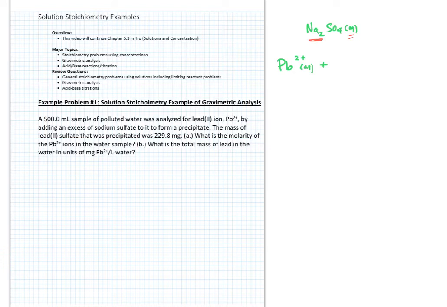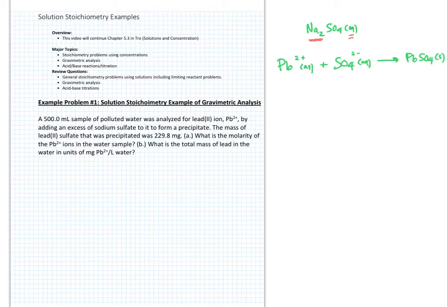They're not involved in the reaction. So it's only the sulfate ions that we're interested in. So I'm just going to write the sulfate ion in the reaction. So lead-2 plus sulfate yields PbSO4, and we're told it's a precipitate, so that means it forms a solid. So that's our balanced chemical reaction. And I'm going to save us a little bit of trouble down the road.